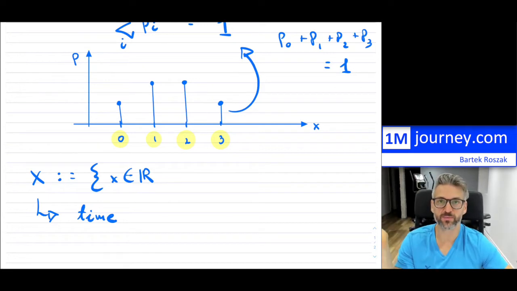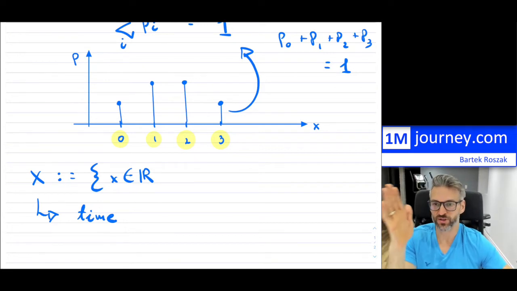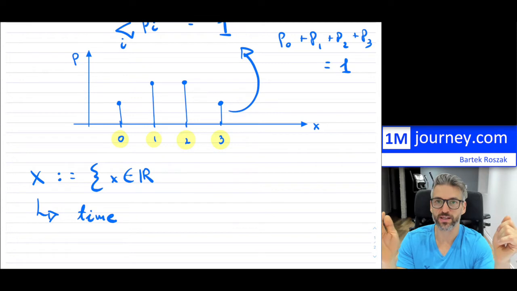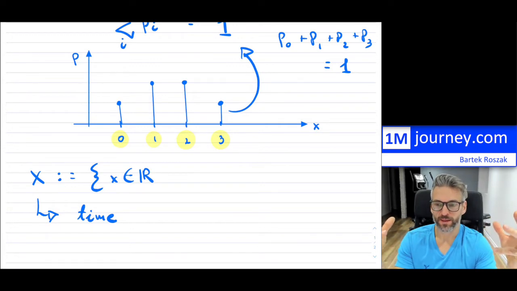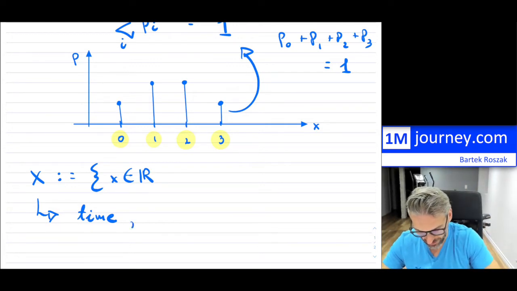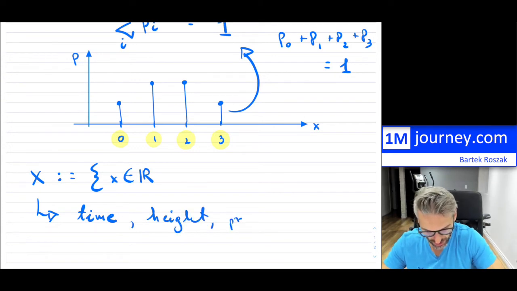Time is continuous. It's not just 1 or 2 or 3. If it were in minutes, it could be 1 minute and 3 seconds, or 1 minute, 3 seconds and 45 milliseconds, and so on. So it can take on any value. It could be time, it could be height, it could be pressure.